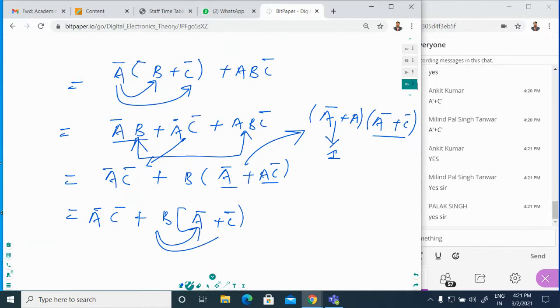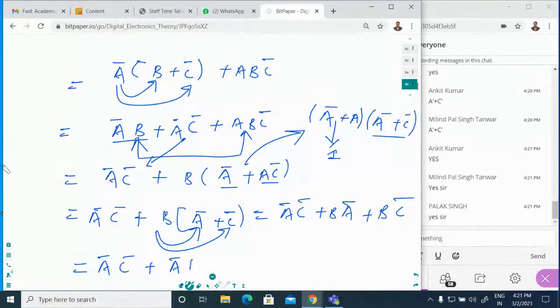Now you multiply this B inside, so you will get A bar C bar plus B A bar plus B C bar. And you can rearrange this equation, and you will get A bar C bar plus A bar B plus B C bar, and this is your solution for this question.